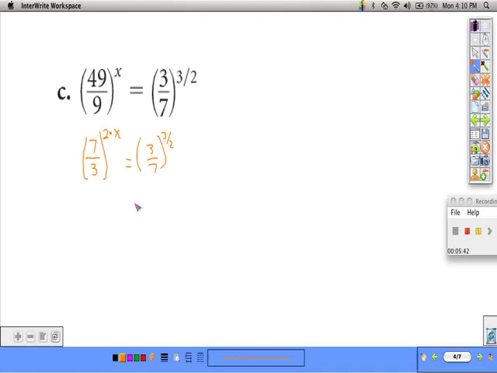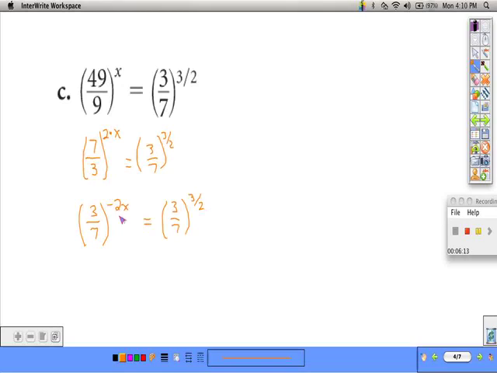Now notice that the bases here are reciprocals of each other. So we could involve a negative exponent, which would flip the base over. So by adding the negative in here to the 2x, that flips over the base.